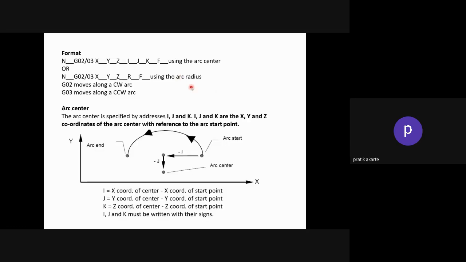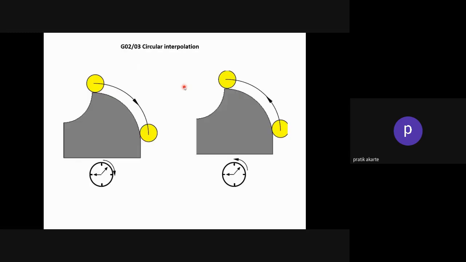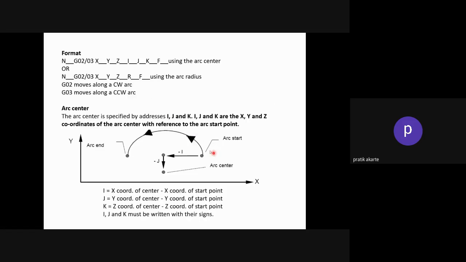Now we have discussed a few things like IJK. So what is this IJK, or XYZ, R, or F? For circular interpolation, whenever the cutter moves from the start point of the arc to the end point of the arc, it is moving either in clockwise or counterclockwise direction. There are two methods to define how much distance it should travel.